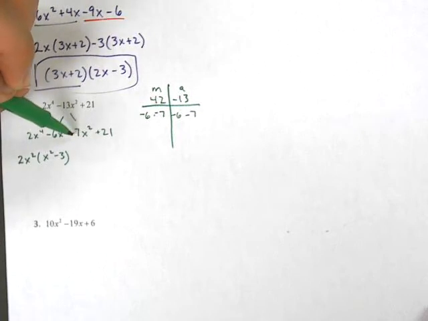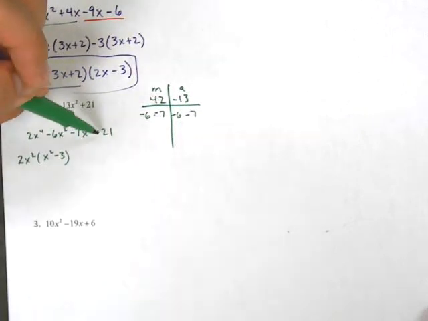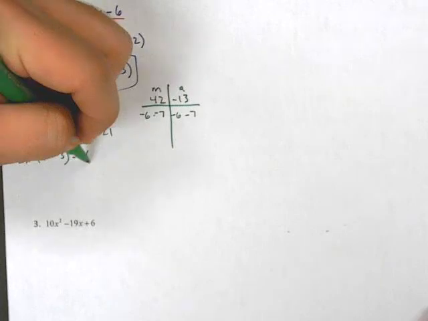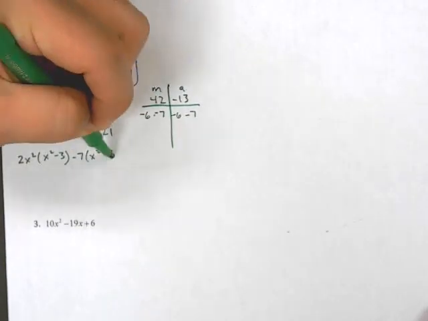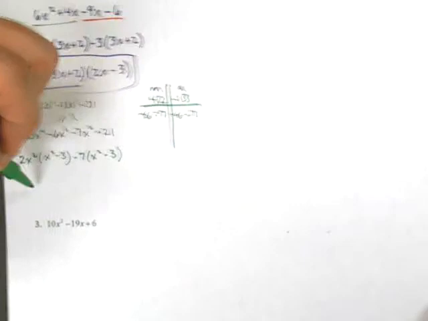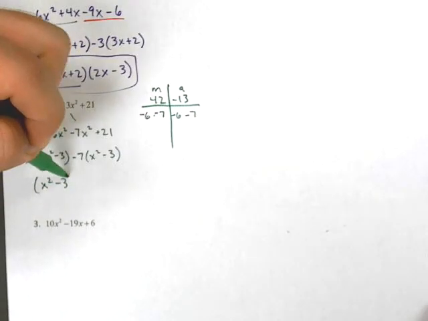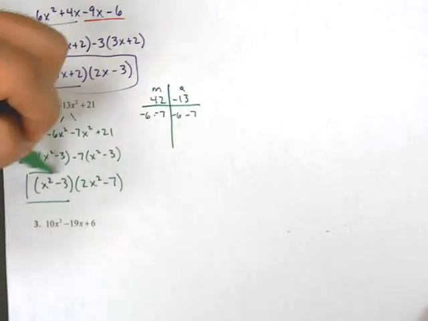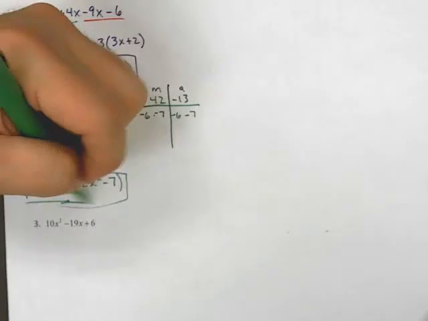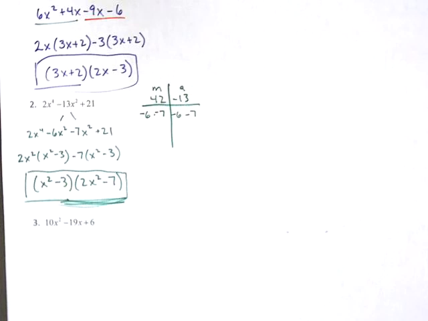And I'm going to take out a negative 7, which leaves me with positive x squared minus 3. Beautiful. So, x squared minus 3, 2x squared minus 7, and for right now, we are done with this. I'm not looking for solutions right now, so we would leave it right there.